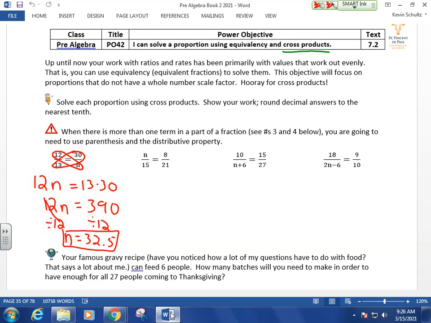What that tells us is that 12 over 13 is equal to 30 over 32.5. We figured out that the denominator of that second fraction, to make these two values equivalent, has to be 32.5.